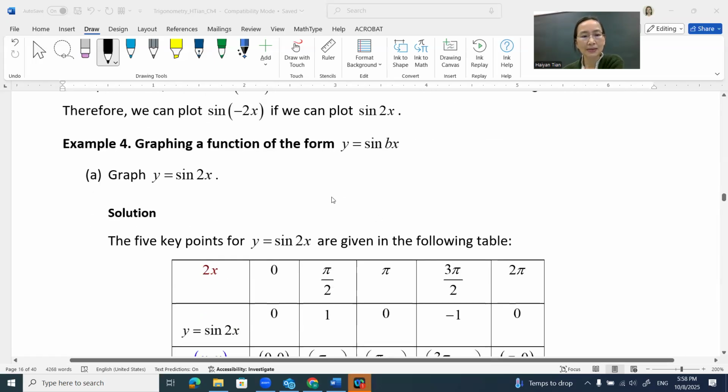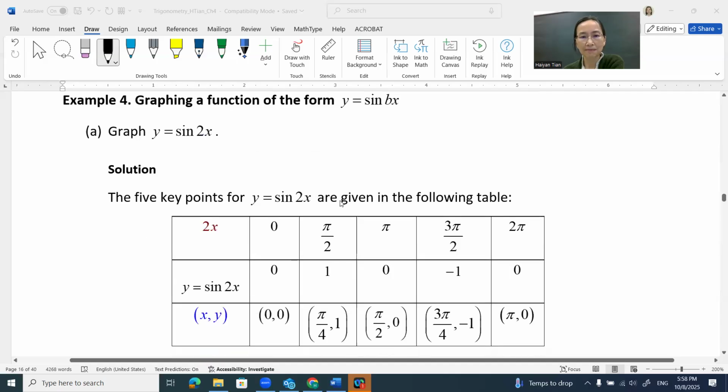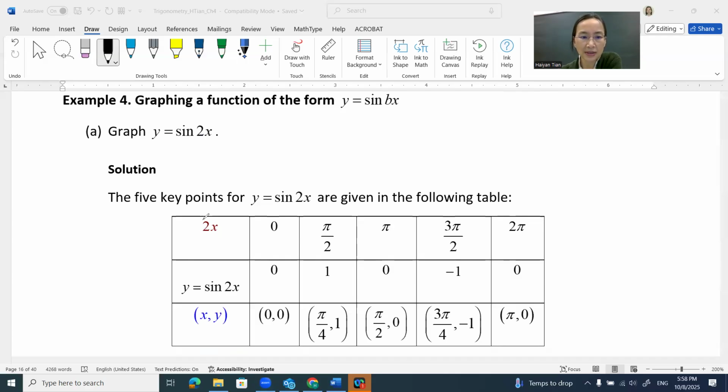Okay, do this basic function. Here you see the 2x is treated as one single quantity or variable. So this quantity versus the sine of this variable, that's just the basic function.